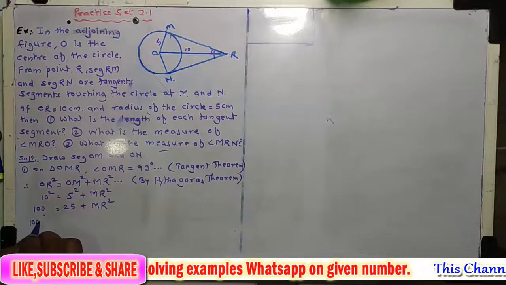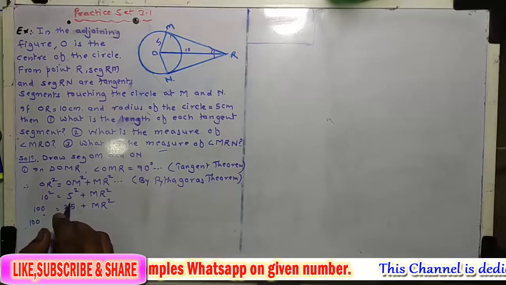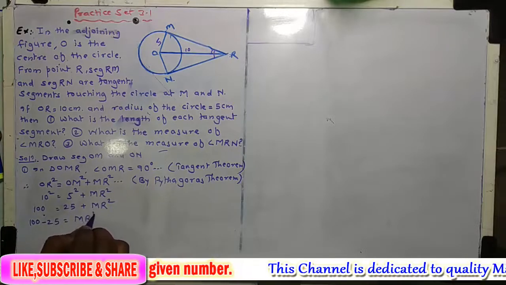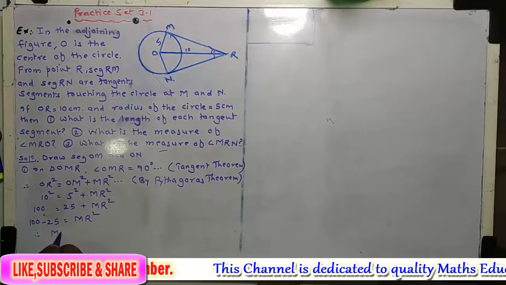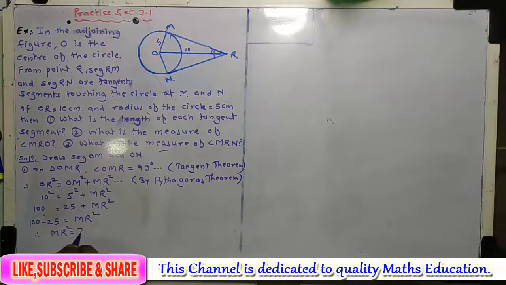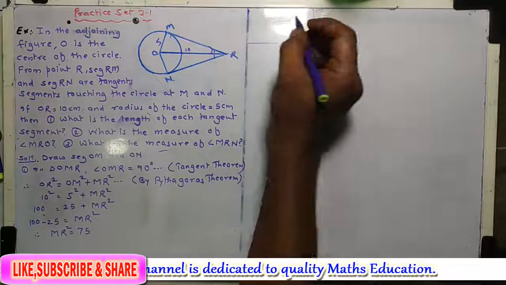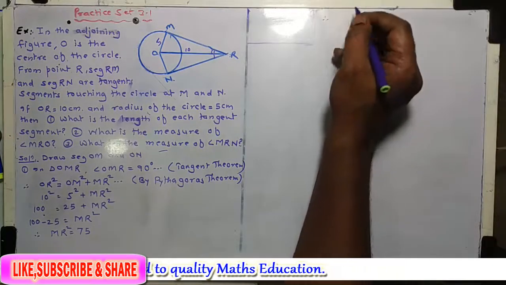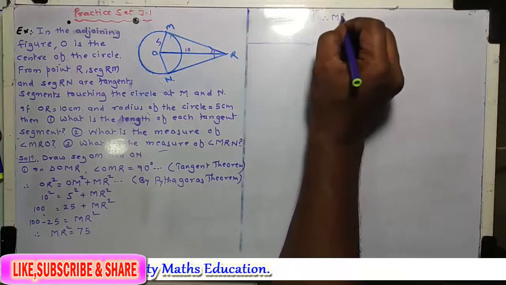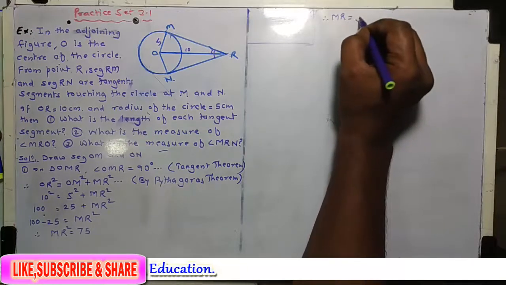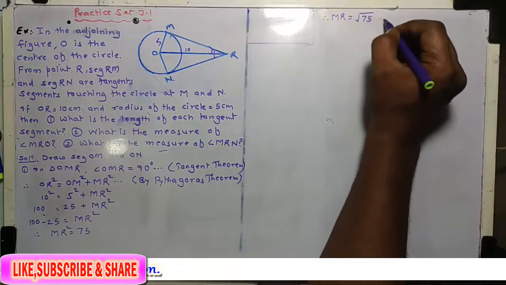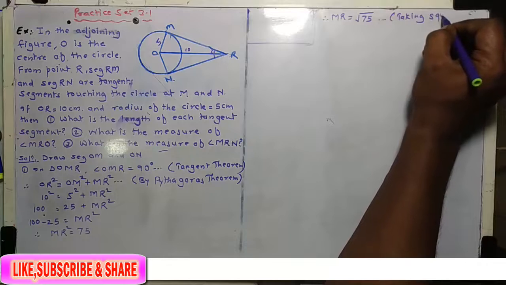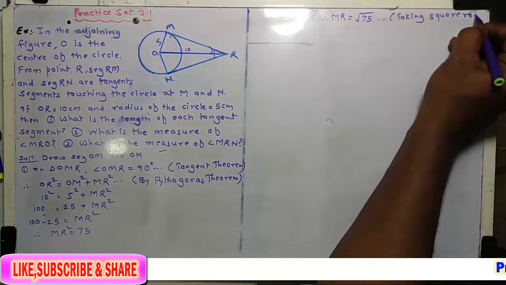So this 25 being added becomes minus 25 on the other side: 100 minus 25 is equal to MR square, and therefore MR square is equal to 75. Therefore MR is equal to square root of 75. Reason is taking square root: to remove the square we take the square root.